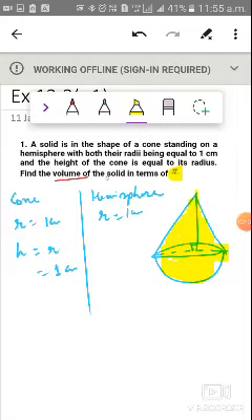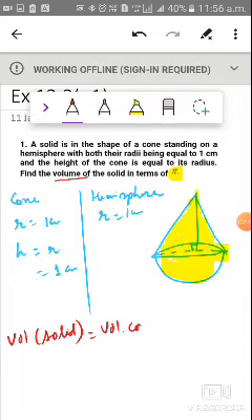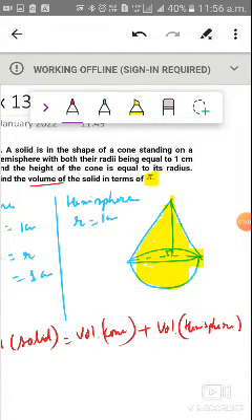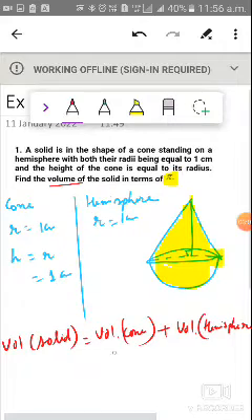So find the volume of the solid. So we'll write volume of solid equals volume of cone plus volume of hemisphere. Okay, right? So now we know the volume of cone. So volume of cone is what?